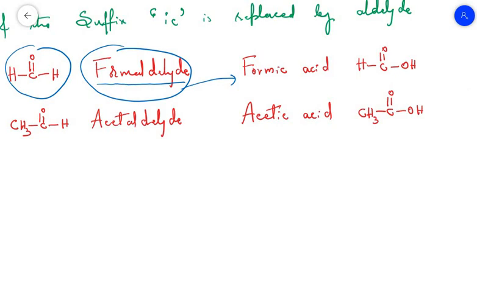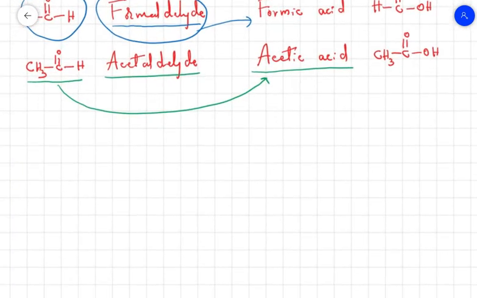If we did not know the name of this compound and it were subjected to oxidation, it would give this compound, acetic acid. So the name of this compound is acetaldehyde. Let us have another example.